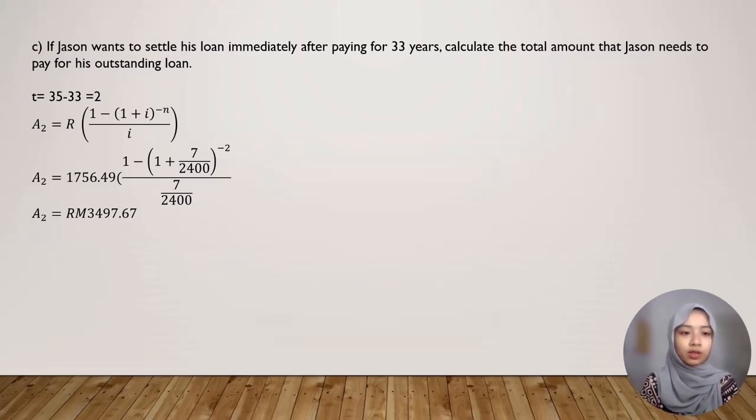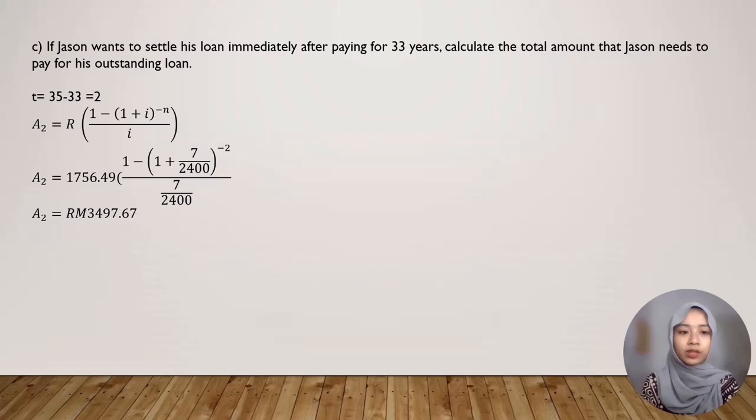A2 equal to R, open bracket, 1 minus open bracket, 1 plus I, close bracket, to the power of negative n, over I, close bracket. Then we're going to substitute all the numbers into the formula.